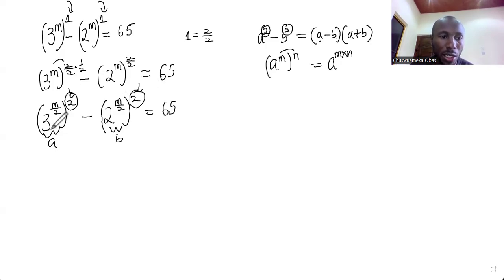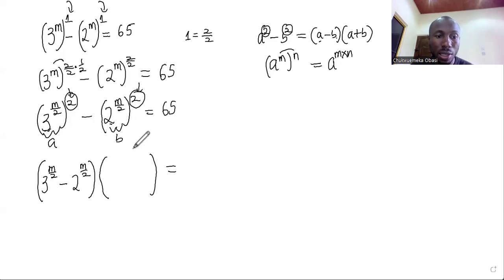And that is going to be like this minus this times this plus this. So let me open up a bracket like this so we understand it clearly. And that is all equal to 65. So now we have 3 to the m upon 2 minus 2 to the m upon 2, right?